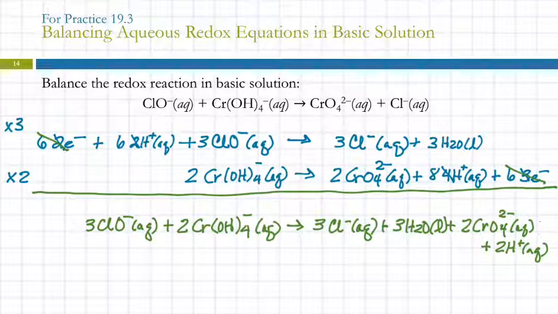Now I'm going to fix the hydrogen ions. So I have 2 hydrogen ions here. This is a basic solution, so I add an equal number of hydroxide ions. So I'm going to add 2 hydroxide ions to this side and to the other side, because you've got to do the same thing to both sides.